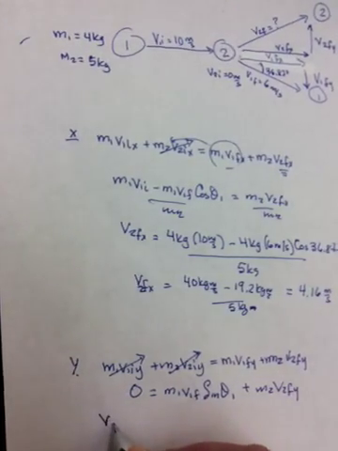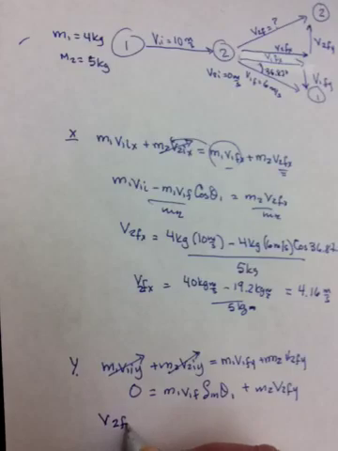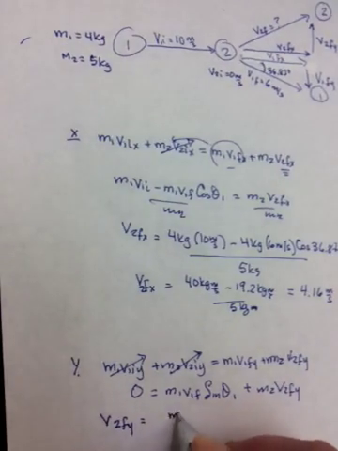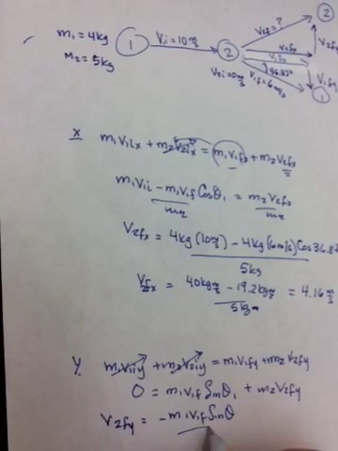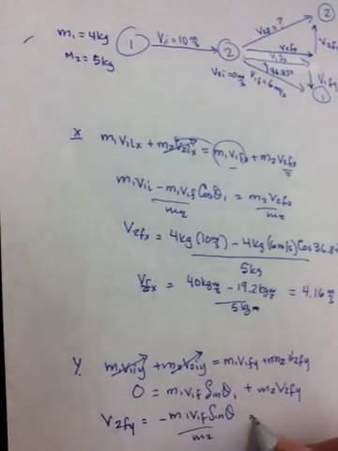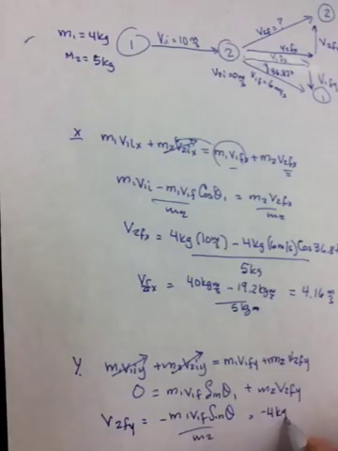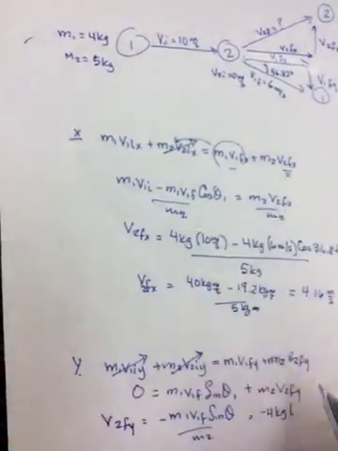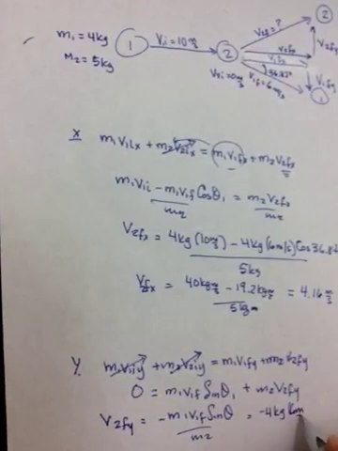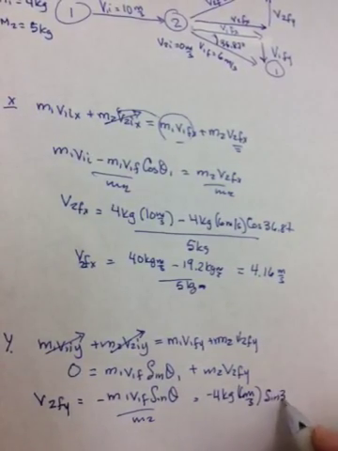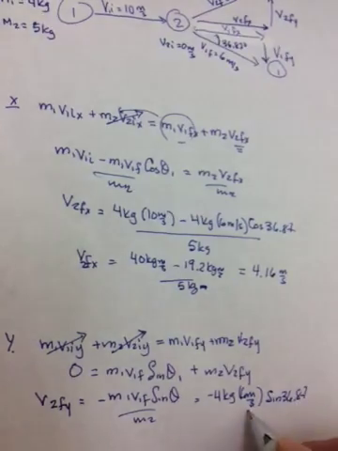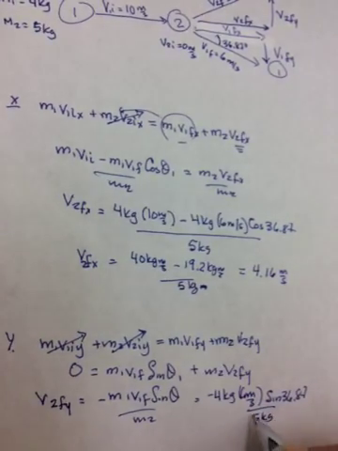So take the one term over, and so it'll become negative, and divide by M2. So negative 4 kilograms, V1 final was 6 meters per second, sine of 36.87, divided by 5 kilograms.